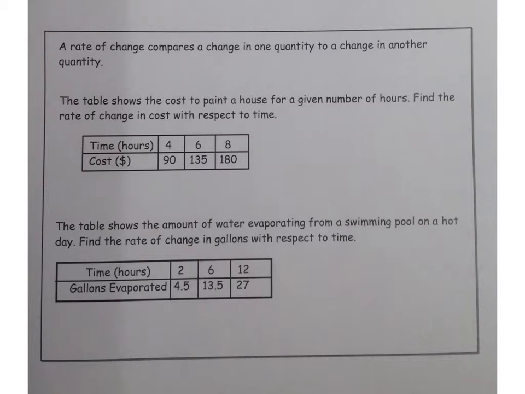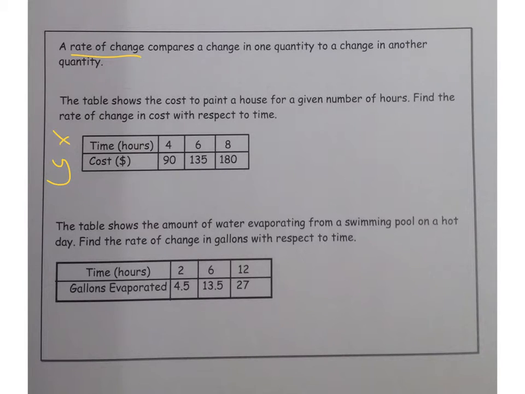Now in terms of change, rate of change, that's what slope is really about. And we can apply this in word problem format. This table shows the cost of paint to paint a house for a given number of hours. Find the rate of change in cost with respect to time. So I'm going to treat the top one as my independent variable, my x, and this being my y, as the cost depends upon the time spent.